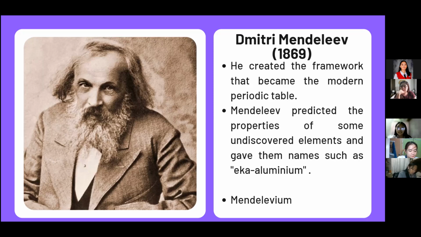So si Mendeleev, gi-predict niya yung properties of the undiscovered elements and gave them names such as eka-aluminium. So itong eka-aluminium, later siya na-discover as gallium. So meron din siyang ibang discoveries such as scandium, germanium, kung saan nag-verify sa predictions niya ng mga undiscovered elements, yung gilive niya na gap sa arrangements niya.